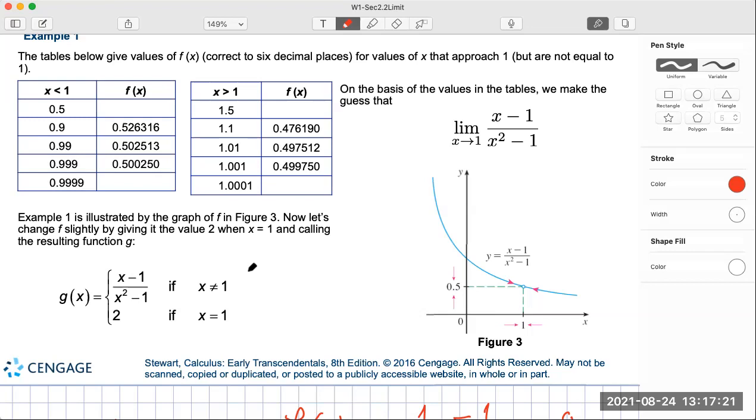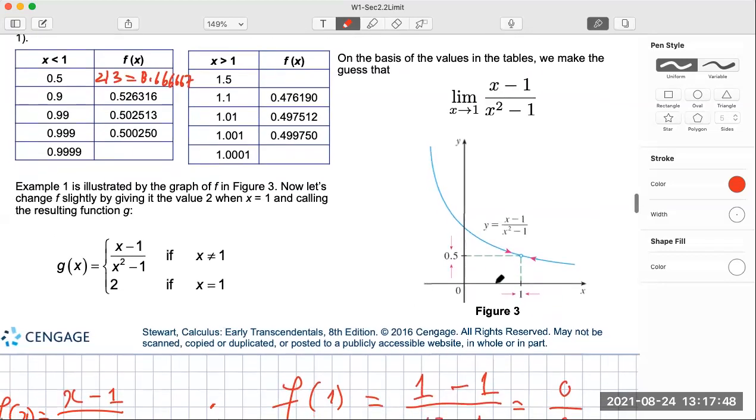Very good. But they say to write it in 6 decimal places, and 2 over 3 is 0.6666, right? Very good. Go home and try to fill in these values.